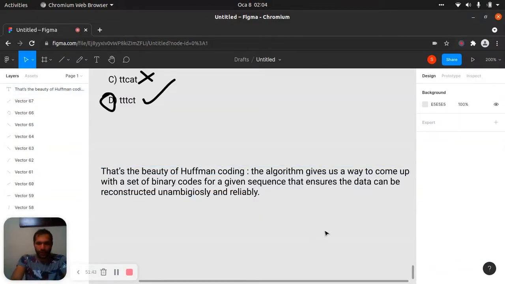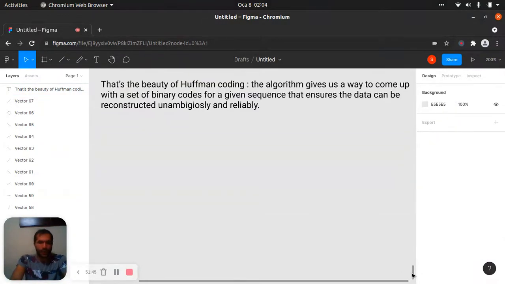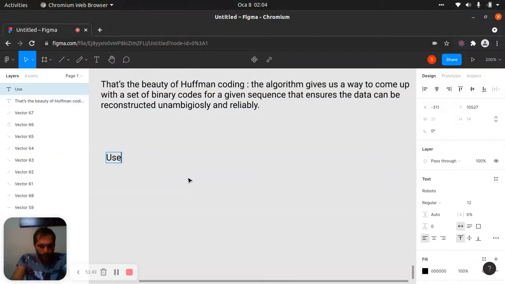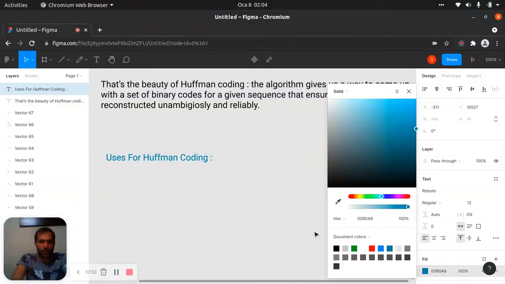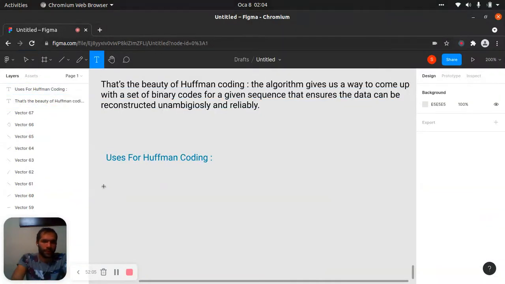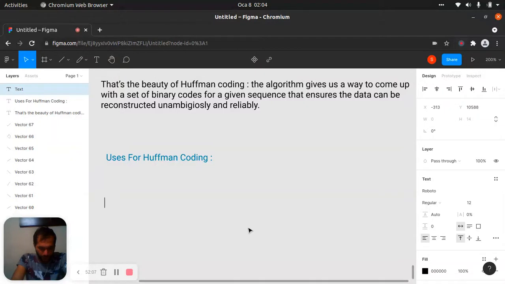Okay, let's come down and say uses for Huffman coding. It is the key again, a subtopic. Let's say the blue is here, and let's start to write it here.